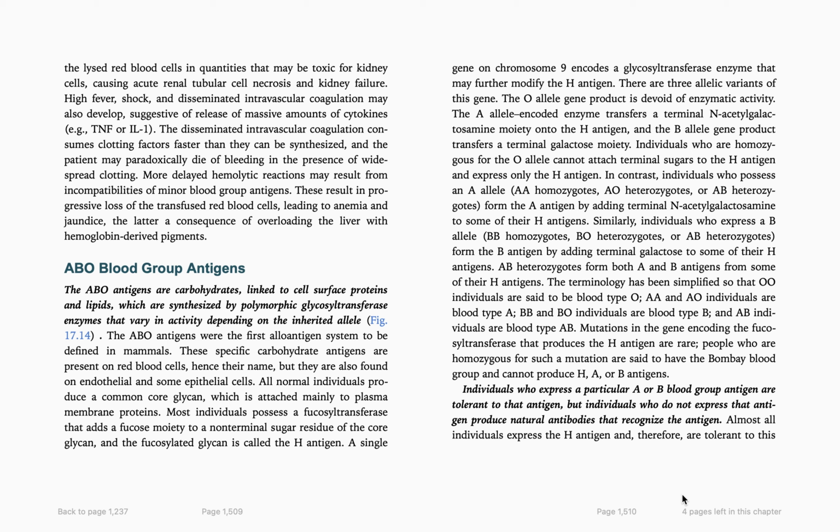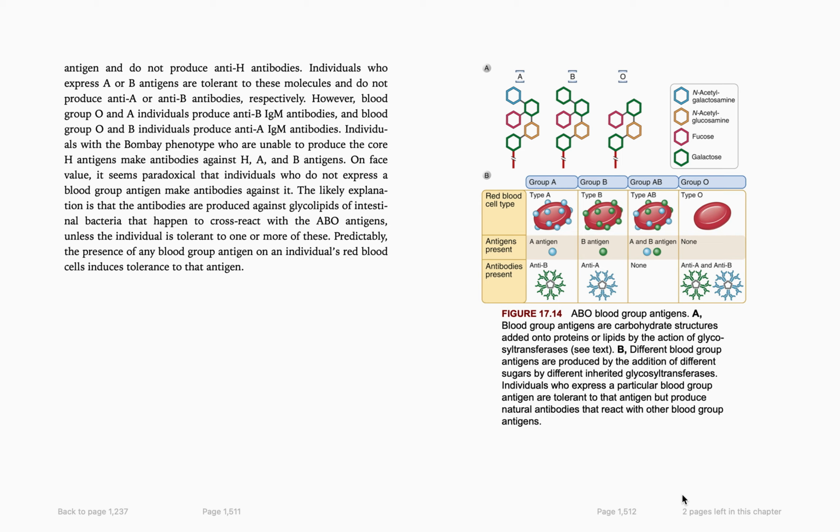Individuals who express a particular A or B group antigen are tolerant to that antigen, but individuals who do not express that antigen produce natural antibodies that recognize it. Almost all individuals express the H antigen and therefore are tolerant to this antigen and do not produce anti-H antibodies.